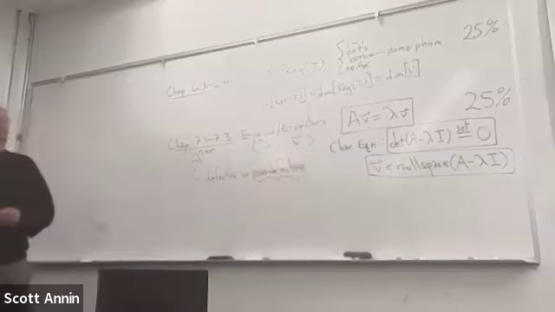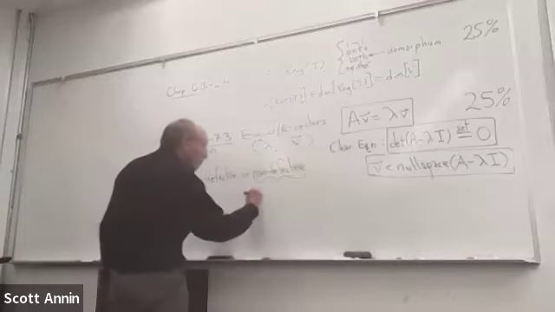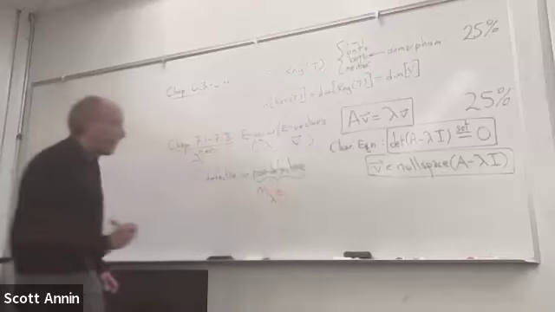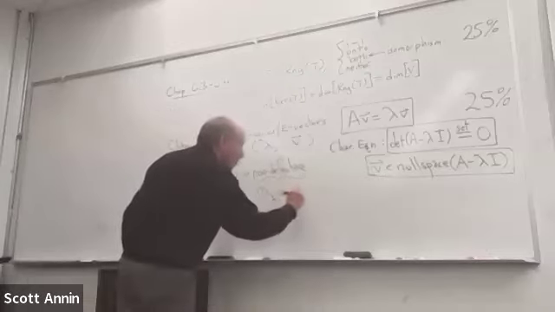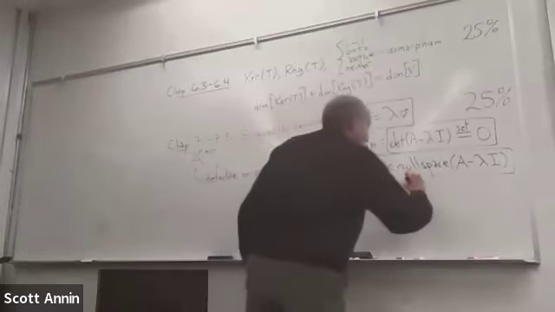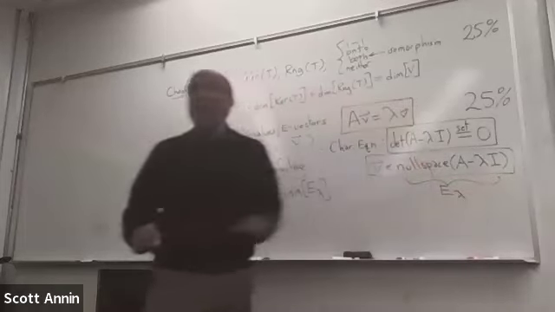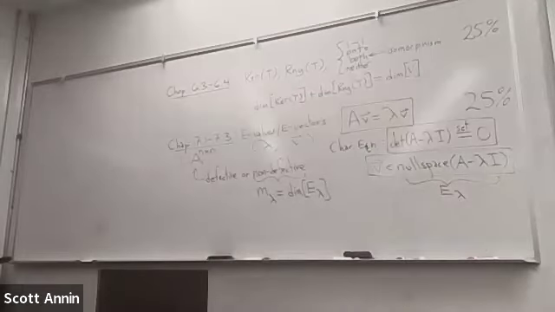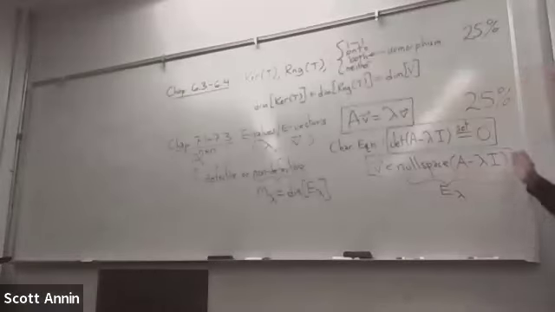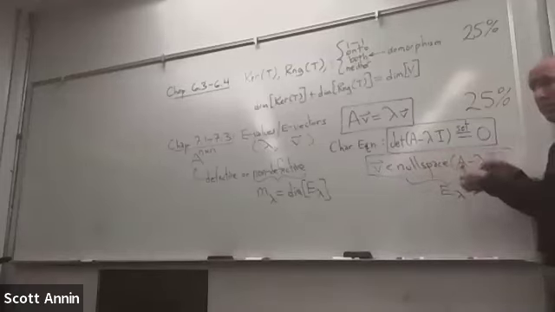Non-defective, just to remind you here, this just means that the multiplicity of each of my lambdas, I write that as m sub lambda, should match the dimension of the eigenspace. By the way, the eigenspace E sub lambda is just this null space of A minus lambda I. So when we talk about the eigenspace, it really is just this null space here, and it's going to have a certain dimension.